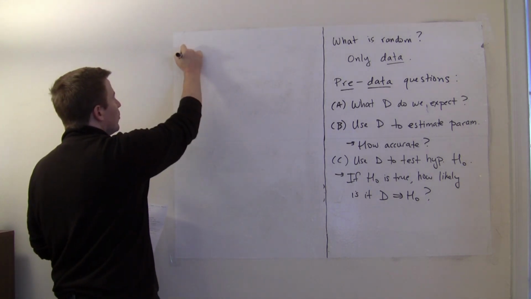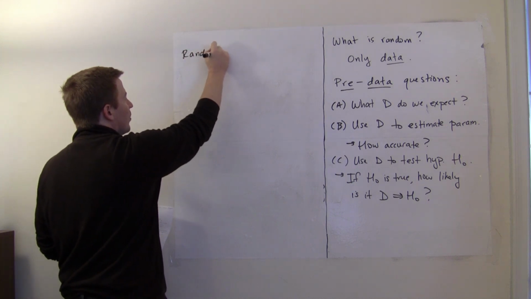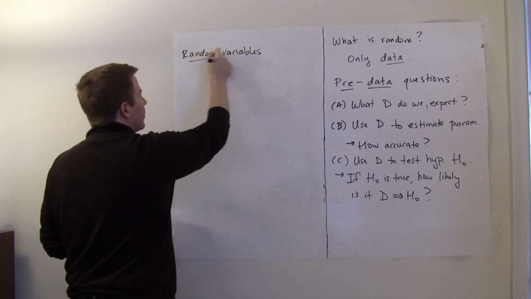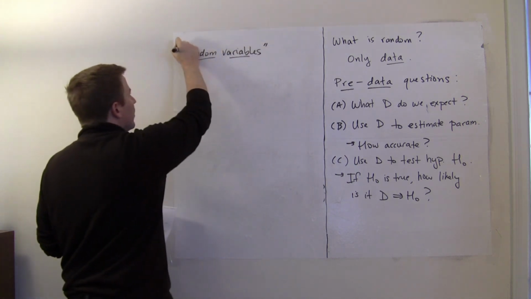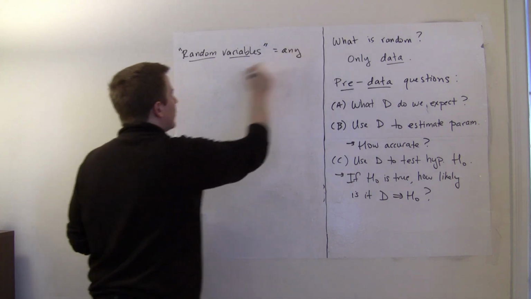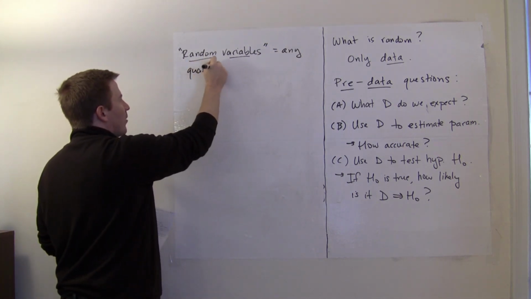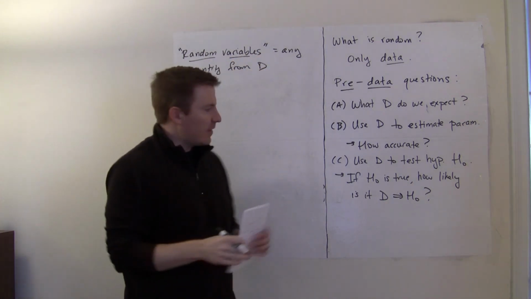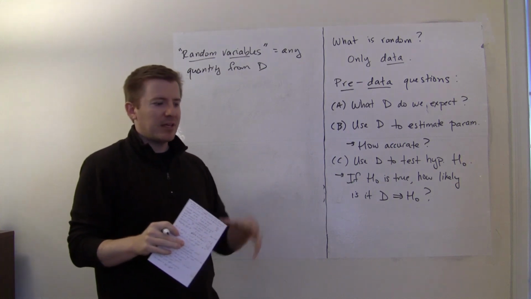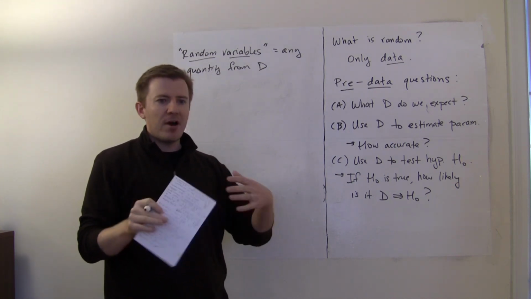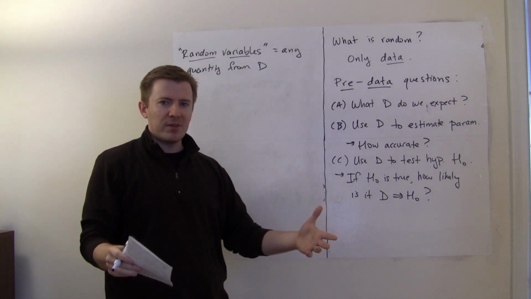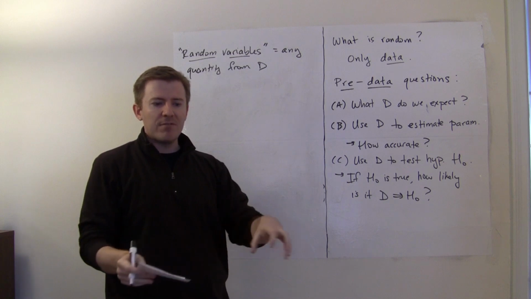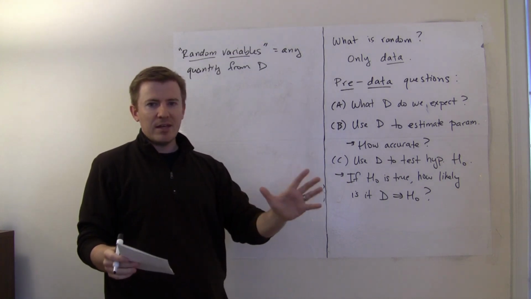What we really care about in this Orthodox world are random variables, which are any quantity derived from the data. In the example we had before with flipping two coins, that might be the number of heads in the outcome of flipping this pair of coins. That number is just a summary of the data in a single number.